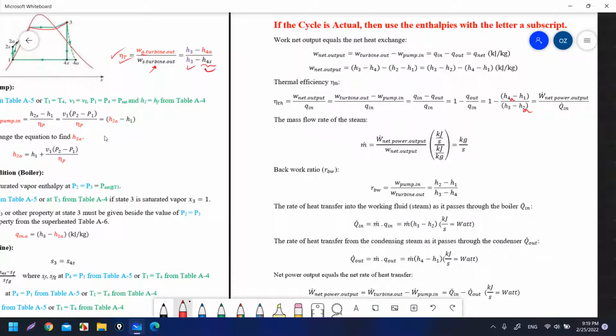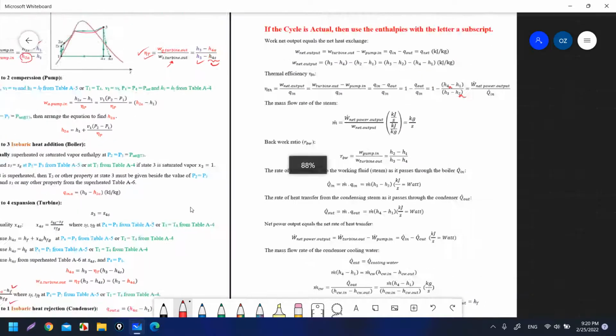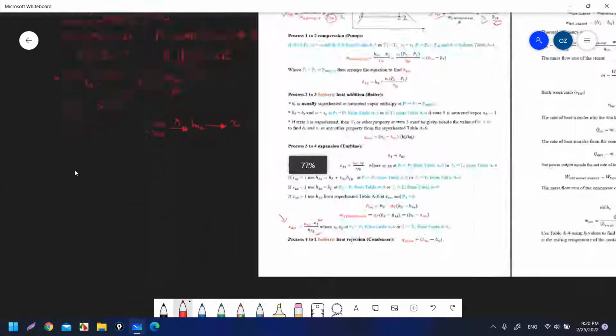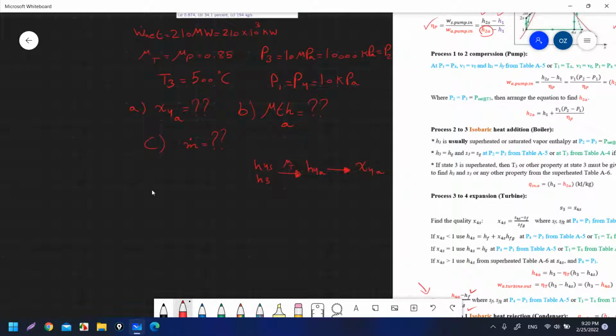As you can see here in the equation sheet, we have the A subscript. So with the actual cycle, calculate everything with the enthalpy for the actual, the H4A and H2A. So I need to find the efficiency in part B, which is 1 minus H4A minus H1 over H3 minus H2A.